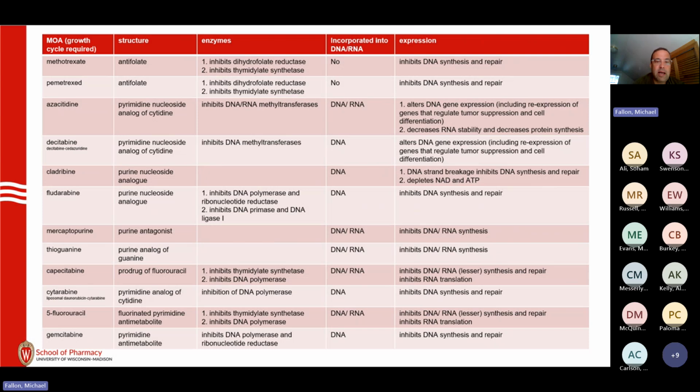So that's really kind of it. Downstream, that will impact DNA synthesis and repair, and it'll impact RNA translation. But really, all of the drugs work through one of those mechanisms.